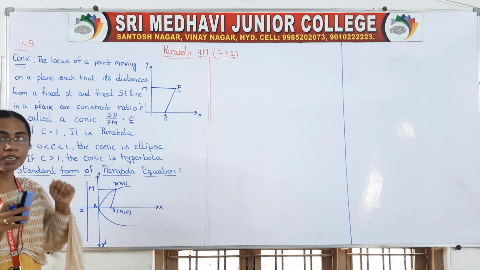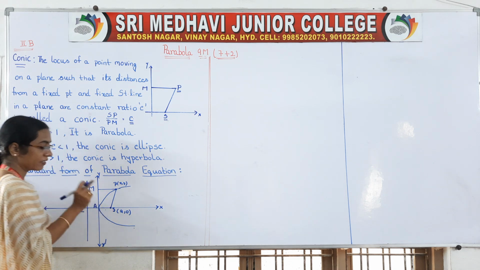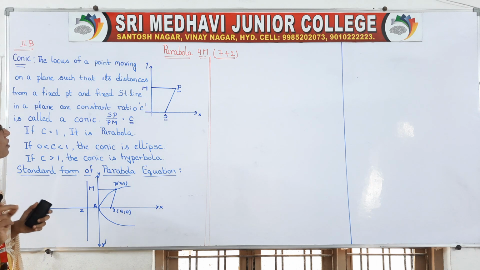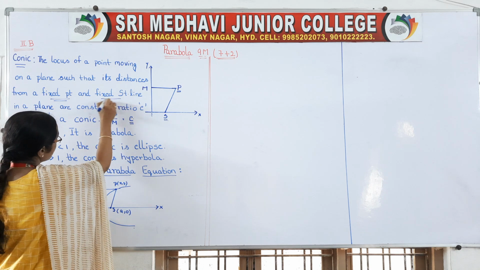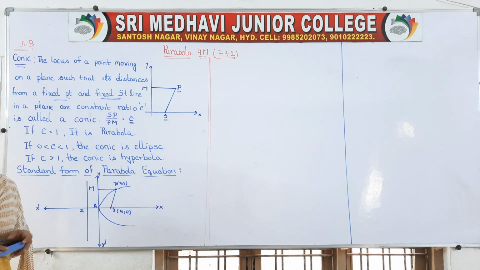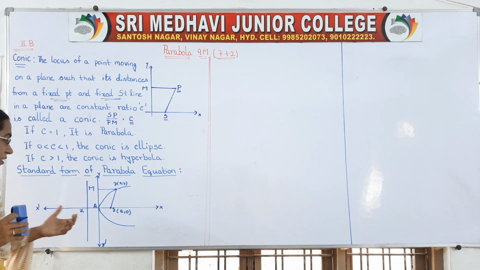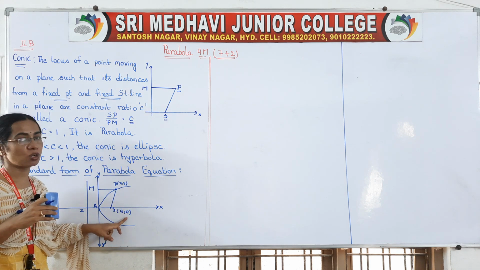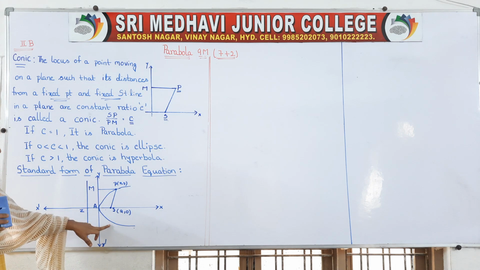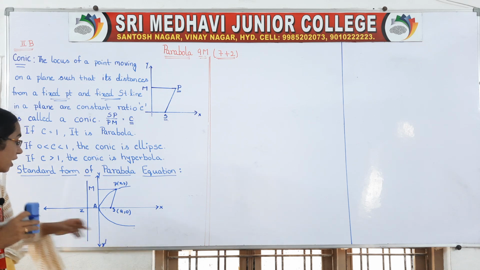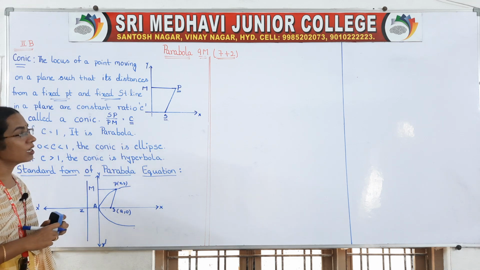Parabola is a symmetrical curve, and here the fixed point is called the focus, and the fixed line is called the directrix. So here (A, 0) is the focus, and L is the directrix of the given parabola, and A is called the vertex.